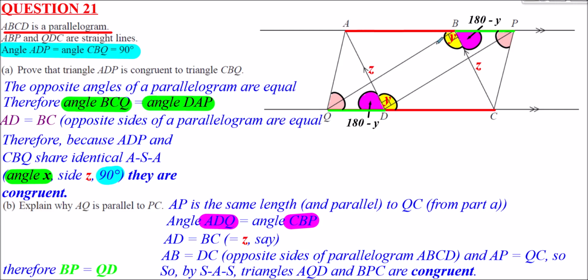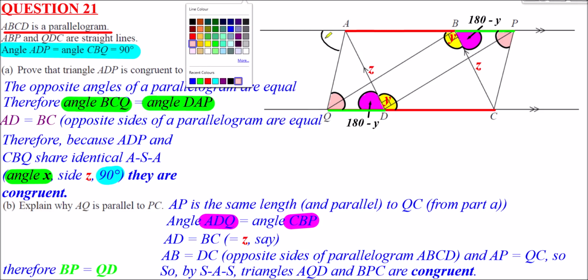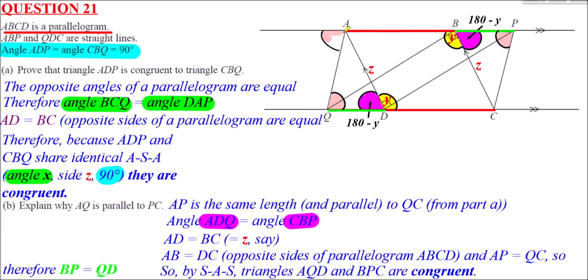Another way I can think of this as well is in terms of Z angles, in terms of alternate angles. If this one here in pink is at Q, then this one up here will also be the same. So that angle I've proven is the same as that one, and that one is the same as that one, so therefore they're going in the same direction. That's overkill, I think, especially for a 2 marker, but I'll just conclude by saying something along those lines.